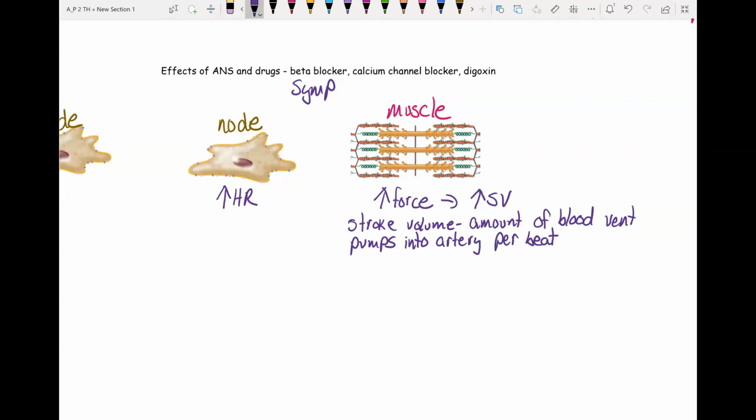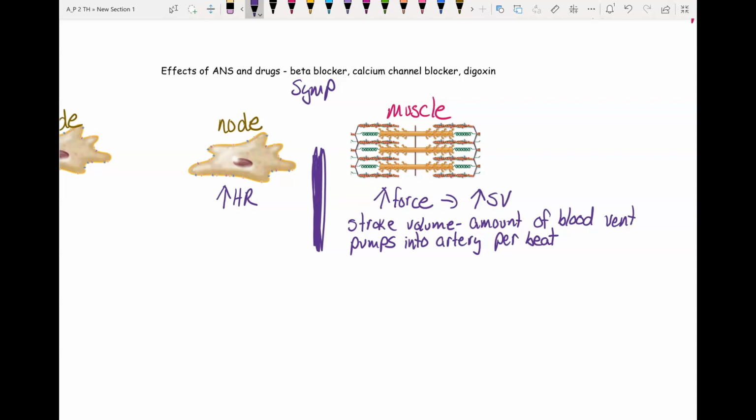So you have the stroke volume of the right ventricle pumping into the pulmonary trunk and the stroke volume of the left ventricle pumping into the aorta. And the way you alter stroke volume is by altering force. So we're going to talk about how sympathetic alters the force, and then that ultimately is going to alter the stroke volume.